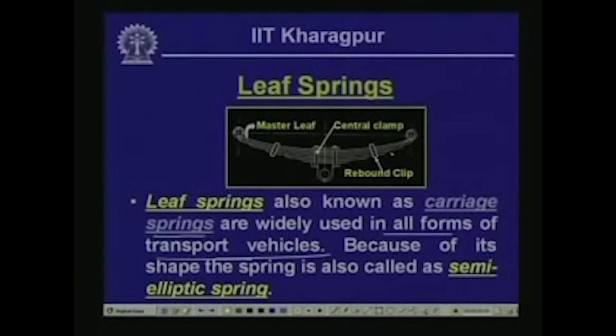Here in this type of spring, the top plate is called the master leaf. Basically, these plates are called leaves, and that is why the name leaf spring. They are in a semi elliptic shape, and that is why this kind of spring is also designated as a semi elliptic spring.